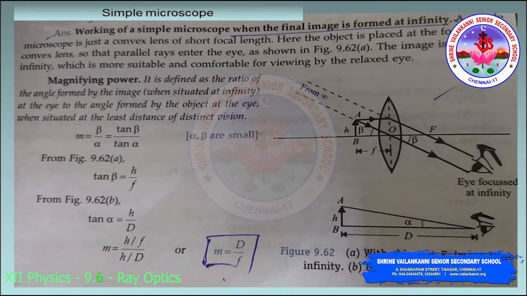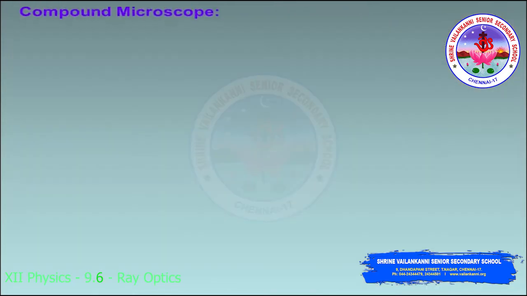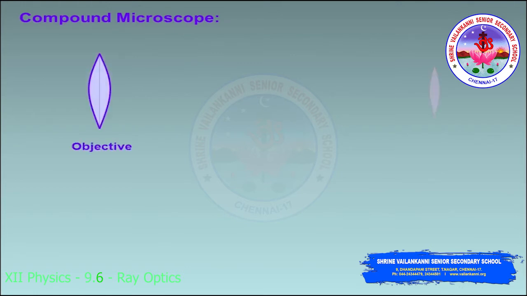Okay, so the next one is the compound microscope. What is a compound microscope? It is the same as the simple microscope we have seen. It helps to see magnified images of tiny objects. It actually contains two convex lenses of short focal length, arranged coaxially at the ends of two sliding metal tubes.